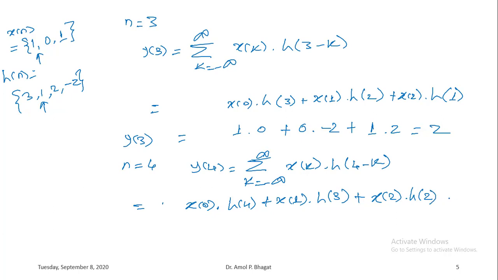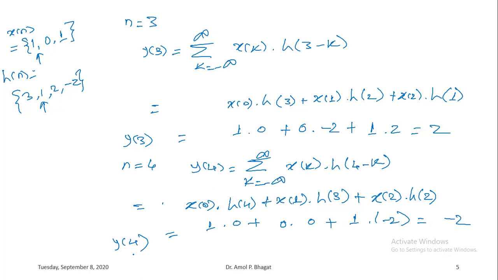Again, x of 3 is not there, x of minus 1 is not there, x of 0 is 1, h of 4 is 0, x of 1 is 0, h of 3 is 0, plus x of 2 is 1, h of 2 is minus 2, so it will be simply minus 2. That is y of 4.